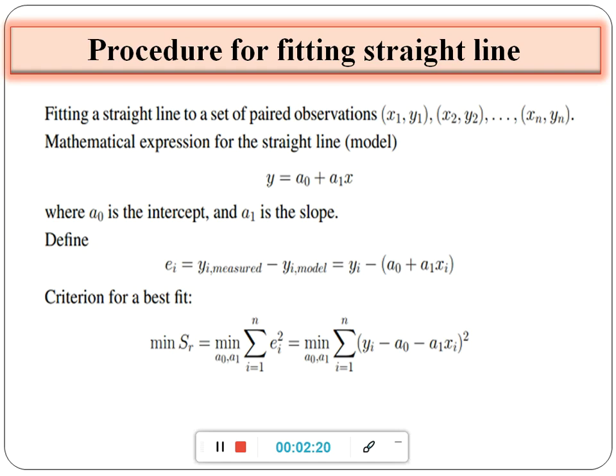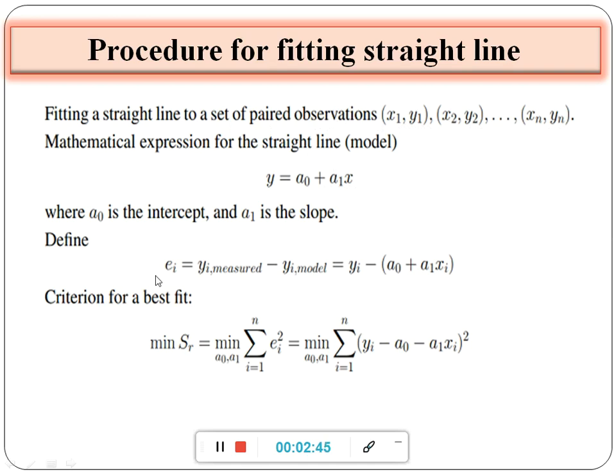First, the procedure for fitting a straight line. So we are going to fit a straight line model here. What is the model? y equal to a0 plus a1x, a linear model. The unknown values are a0 and a1. The given data are taken as a set of pairs: x1 y1, x2 y2, up to xn yn.